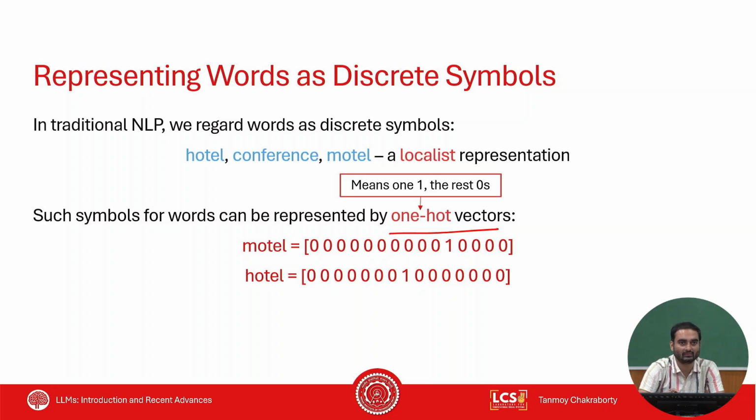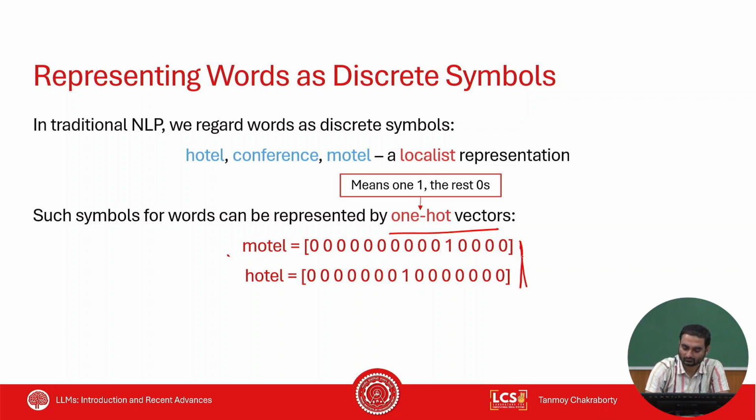But the problems are, there are many problems. There are multiple problems here. The first problem is that now all these vectors are orthogonal. So if we take the dot product between two vectors, you'll always get 0. Now if you take two synonymous words like motel and hotel, they are kind of the same.